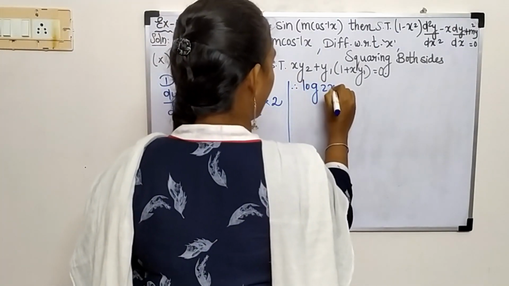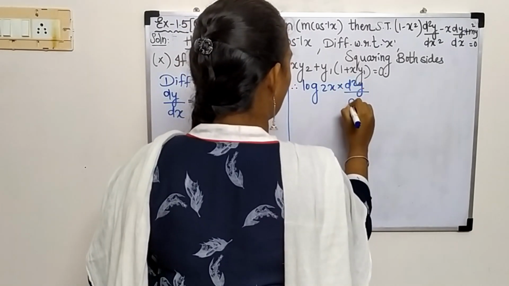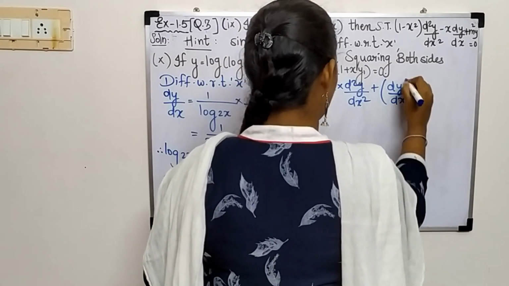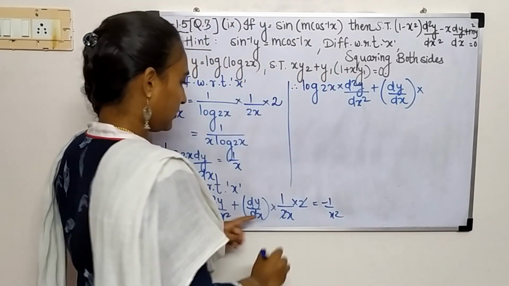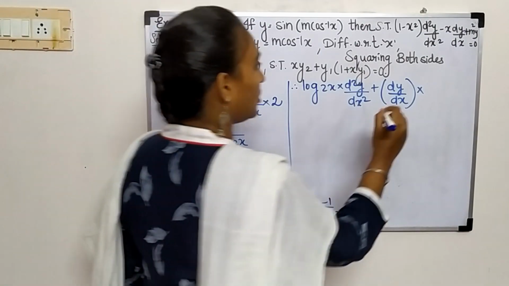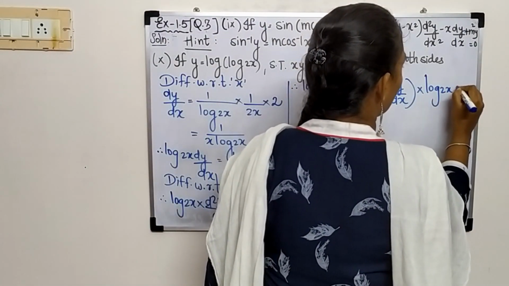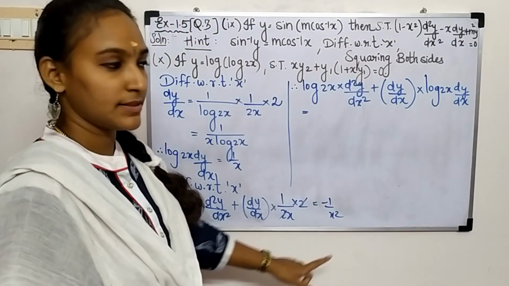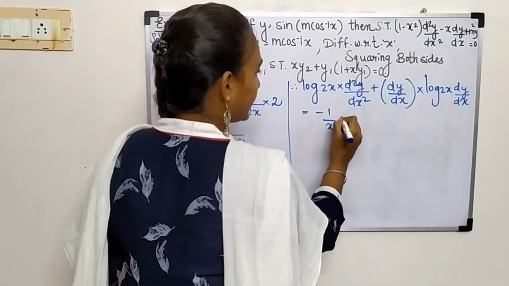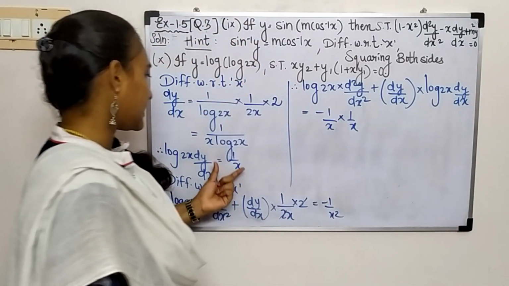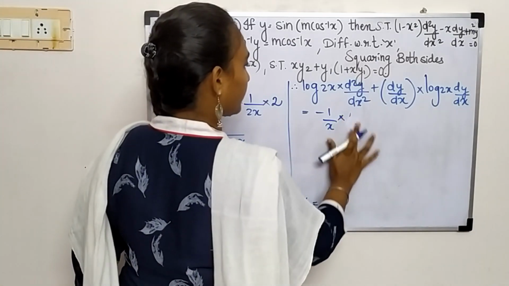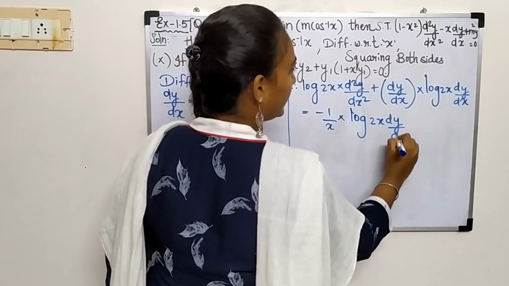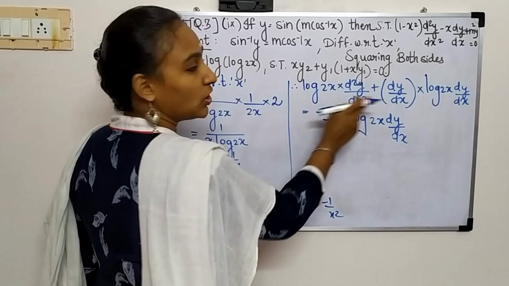Therefore log 2x into d square y upon dx square plus dy by dx into, this 2 is getting cancelled and 1 by x is log 2x dy by dx is equal to, this is minus 1 upon x into 1 by x. In place of 1 by x we are going to substitute this, that is log 2x dy by dx. See, cancel out log 2x throughout.